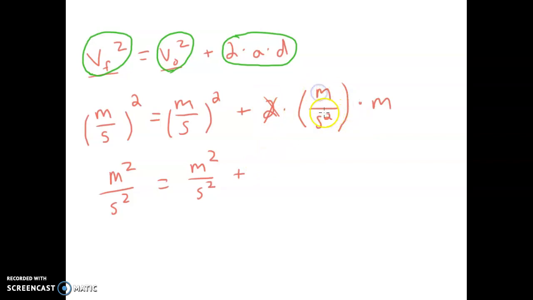Here we have meter per second squared times a meter. We add the exponents. Each of those has exponent 1, so meters squared per second squared. And indeed, our units do match up.